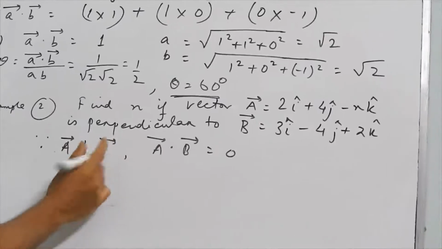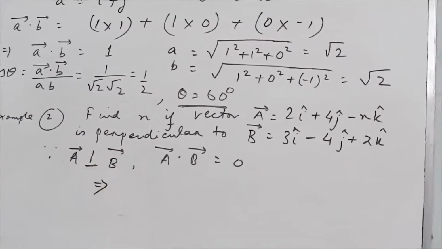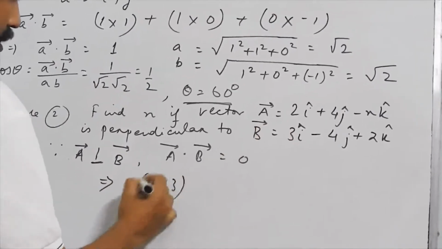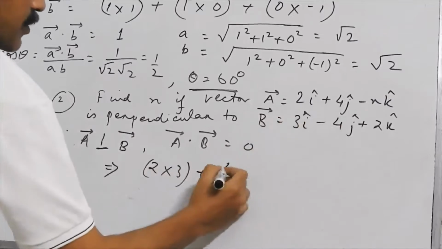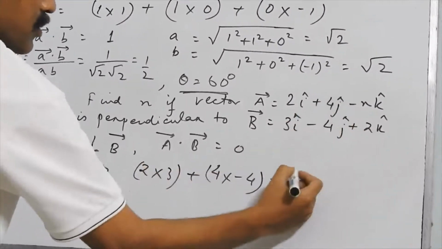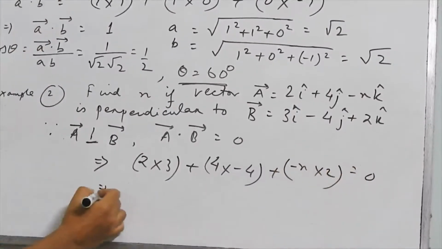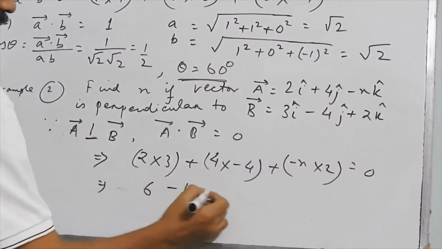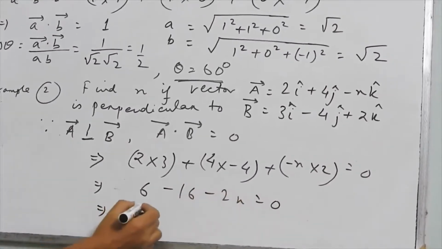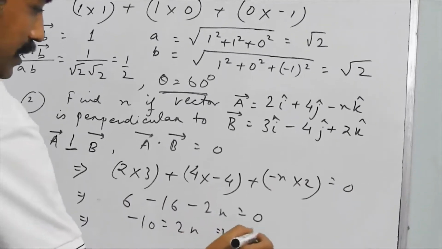So since A is perpendicular to B, A dot B is 0. So A dot B in component form you can now find. This is 2 into 3 plus 4 into minus 4 plus minus n into 2, that will be 0. So this is 6 minus 16 minus 2n equal to 0, which means that minus 10 equals 2n, which means that n is minus 5.